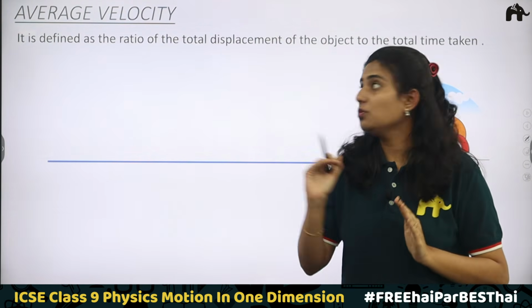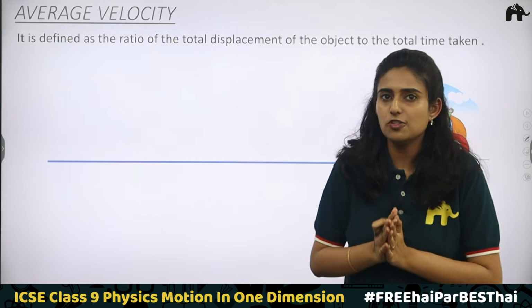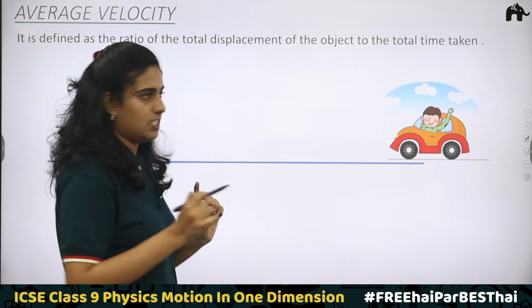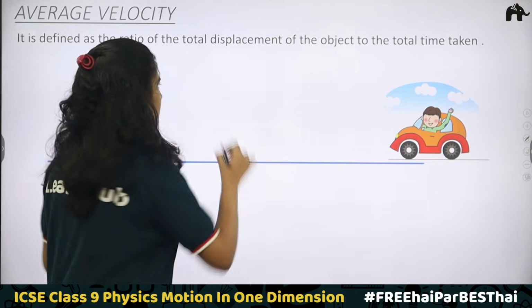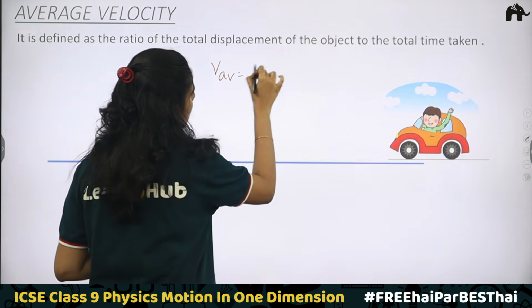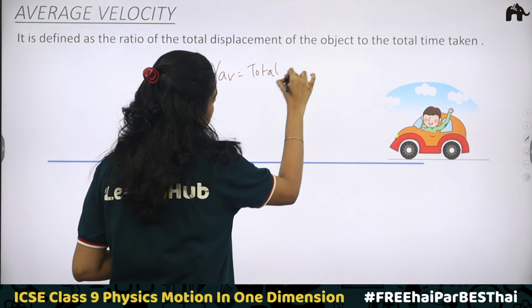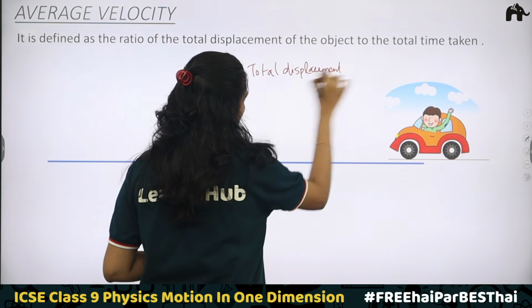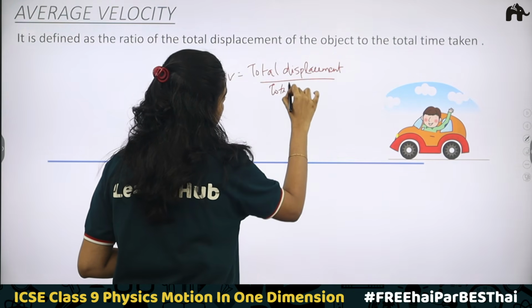If the body is in uniform motion, in that case, if you know the initial and final velocities, you can find the average velocity. We have V average is equal to total displacement divided by total time.